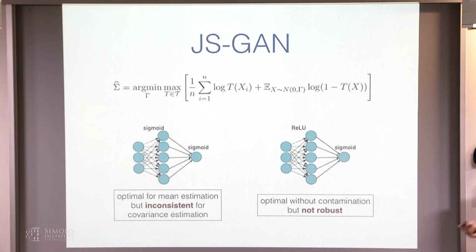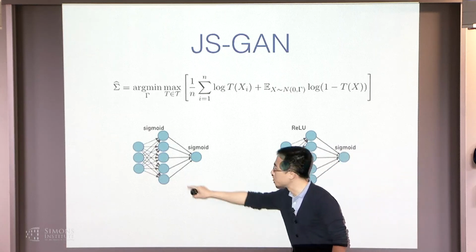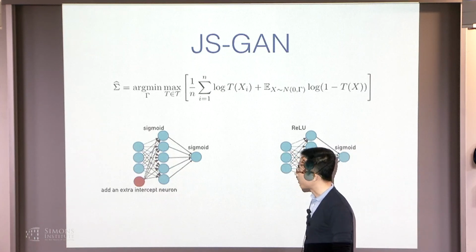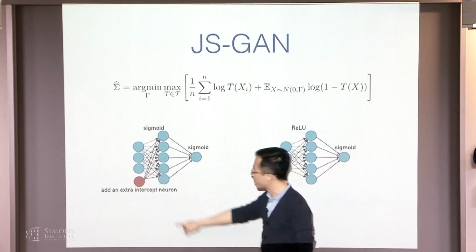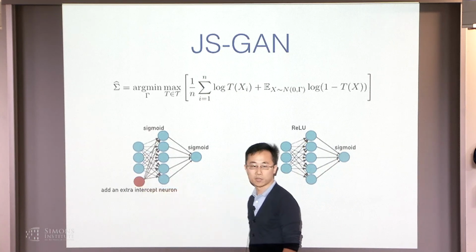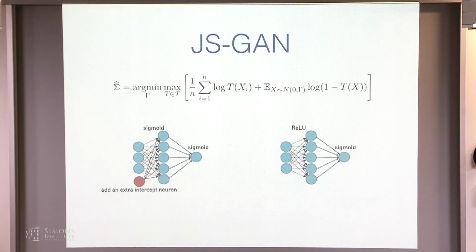Okay, so these are two counterexamples that do not work, but actually you can make simple modifications to make them work. For the first class, the only thing you need to do is to add an extra intercept neuron, right? So add a 1 here, and then it will work. When people model data by neural networks, adding an intercept or not is really a matter of whether you standardize your data or not, right?